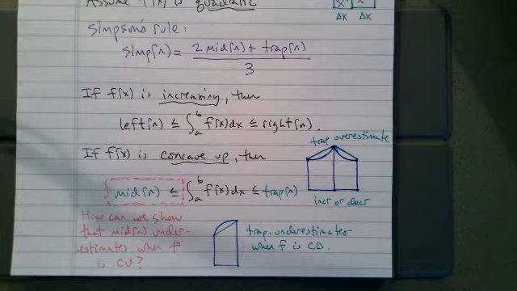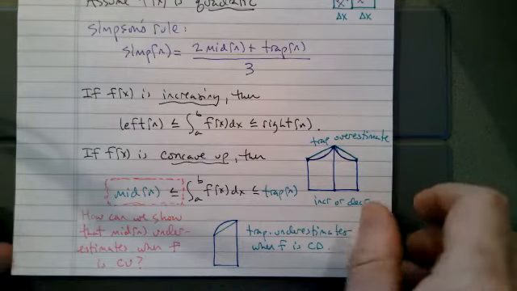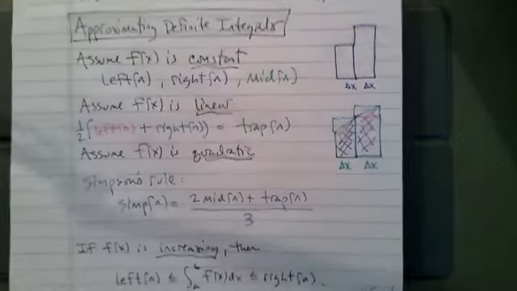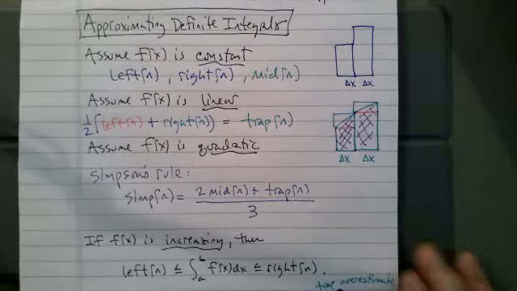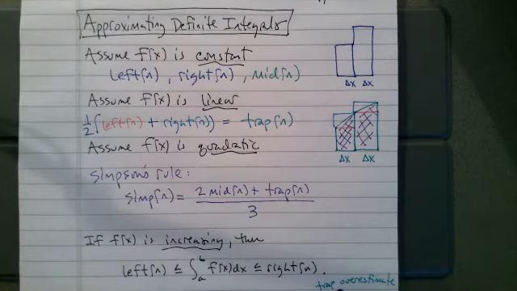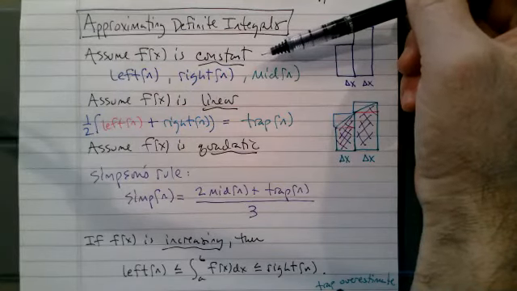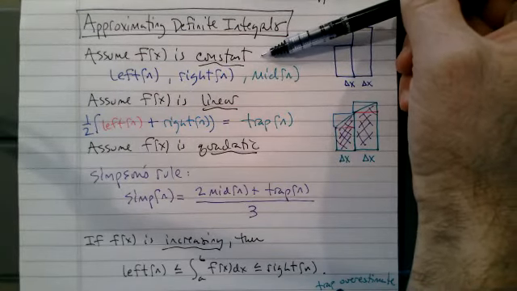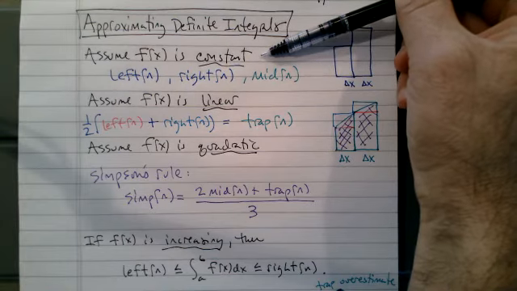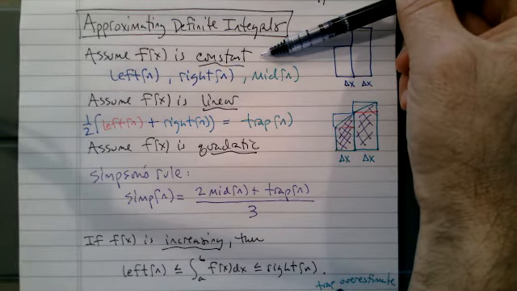One more thing to say about approximating definite integrals. We know that if we use an infinite number of rectangles, then we should get the exact value. So the question becomes, how much more effort is needed to get more decimal places of accuracy? To summarize, if we're using left and right endpoint approximations, and we do 10 times the number of rectangles, then we get 1 decimal place of accuracy.